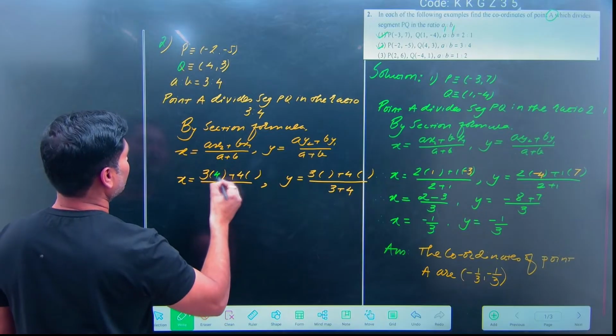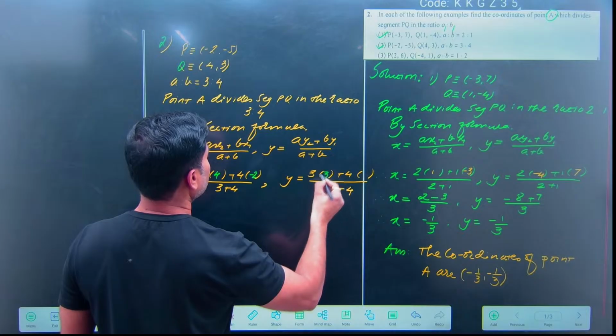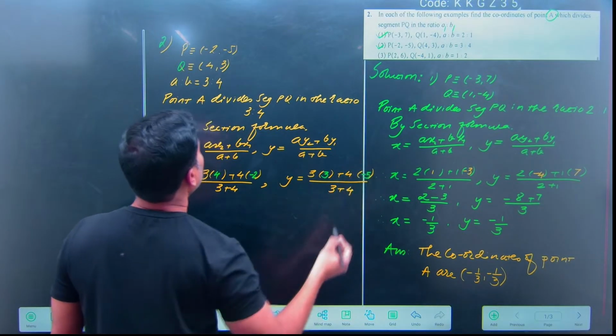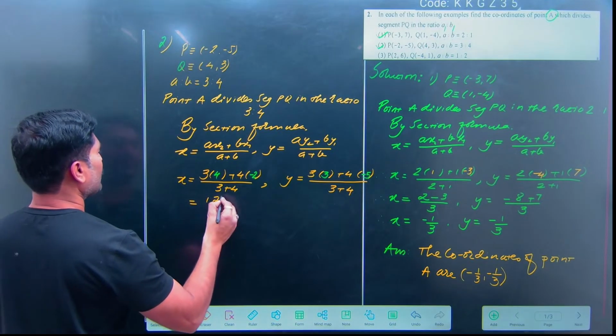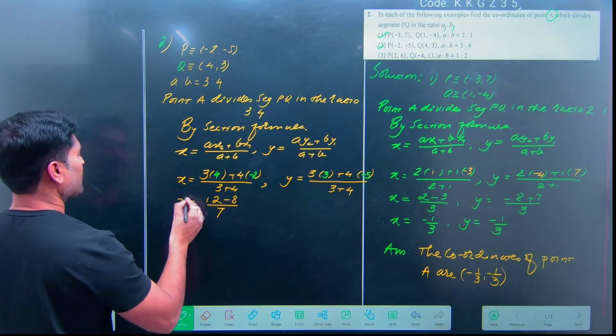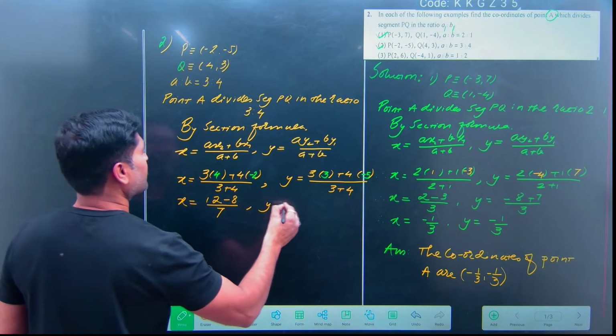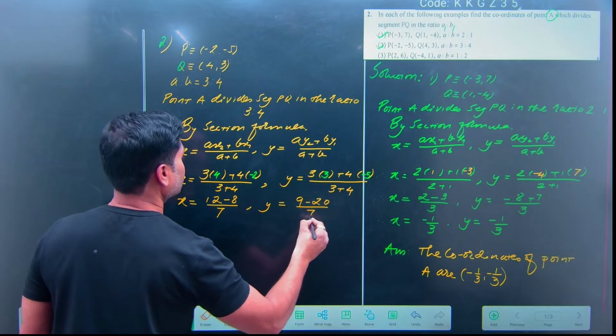So it is 4 into minus 2, this is 3, and y2 is minus 5. So simplify. 3 fours are 12 plus 4 into minus 2 is minus 8, upon 7, and y is equal to 3 threes are 9, 4 fives are minus 20, upon 7.